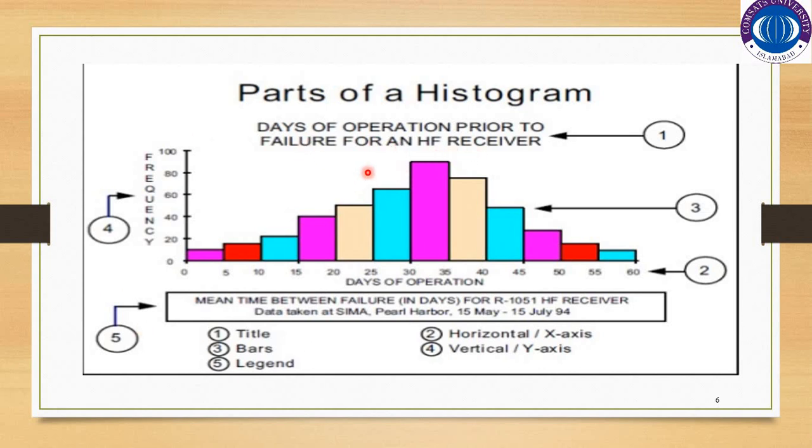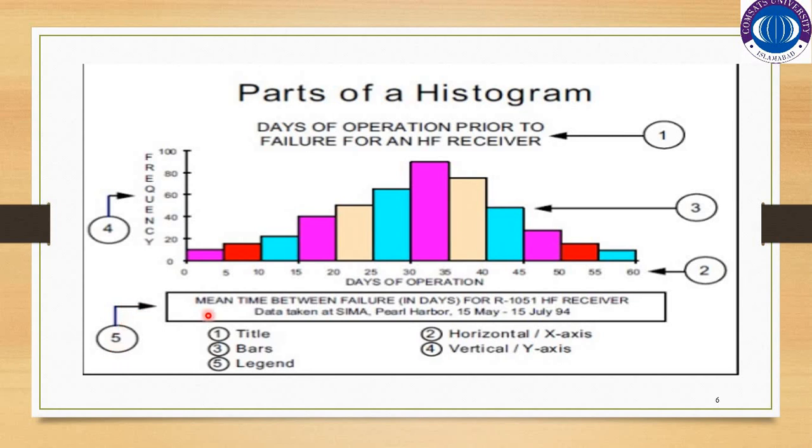Days of operation prior to failure for an HF receiver. Number 1, this one is the title of the data. Number 2 is the horizontal axis. So basically this one is the x-axis, and obviously this one is the y-axis. Number 5 is called the legend.